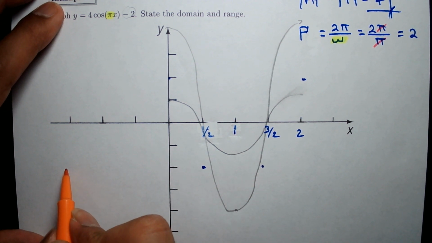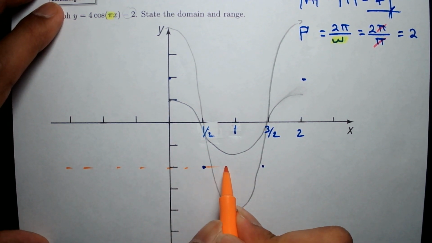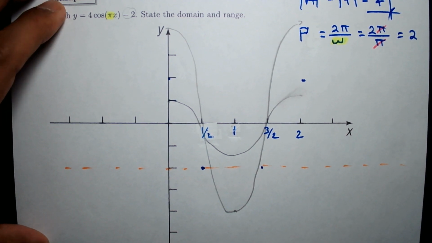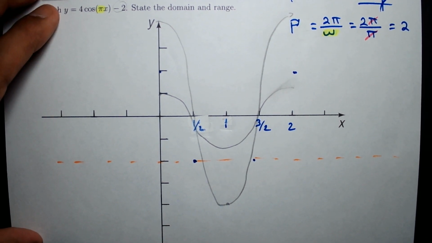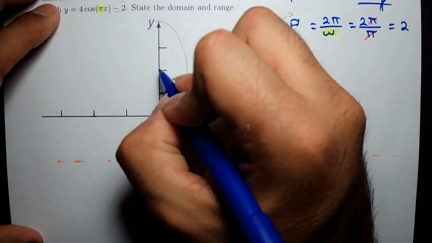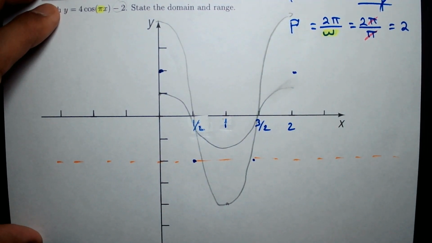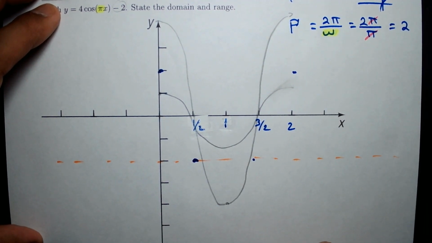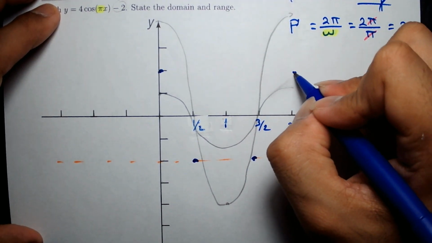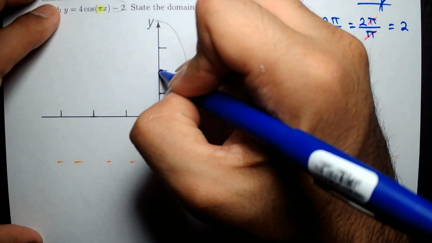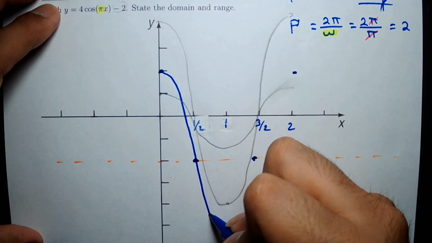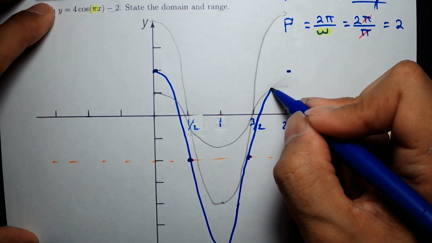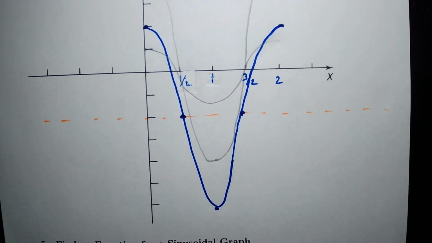I'm going to shift that horizontal line, which is our baseline, or equilibrium line. I called it equilibrium line, this time I'm going to refer to it as the baseline. It's going to have these points right here, and that's of course going to be 1 period for this particular cosine function.